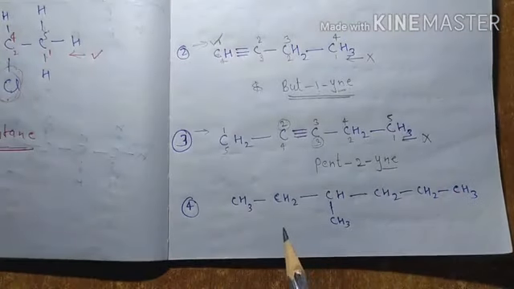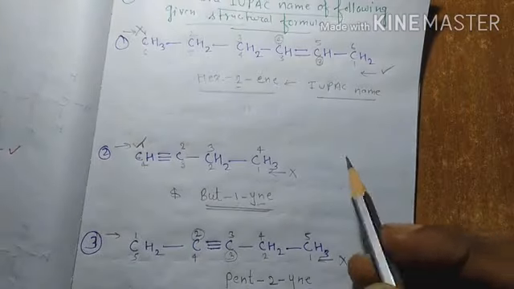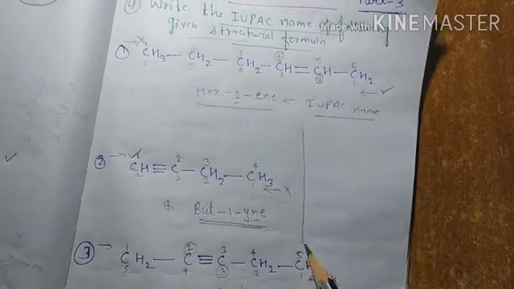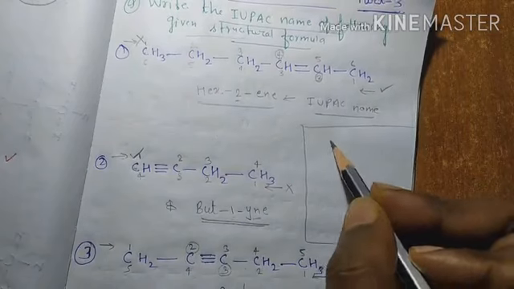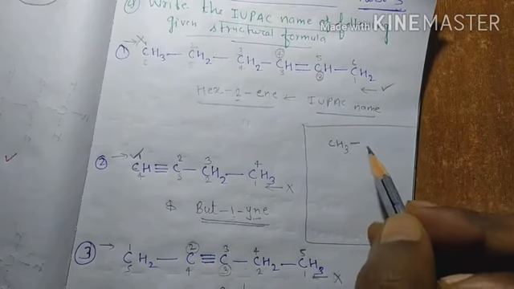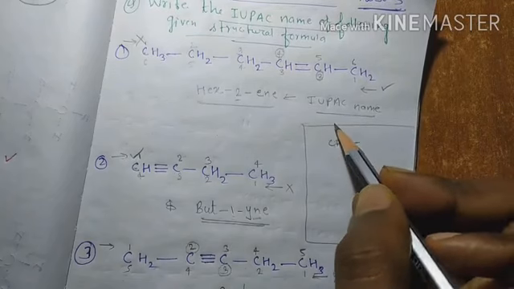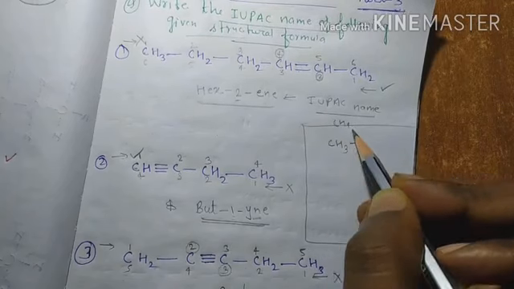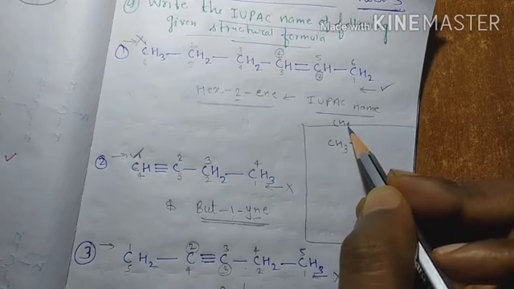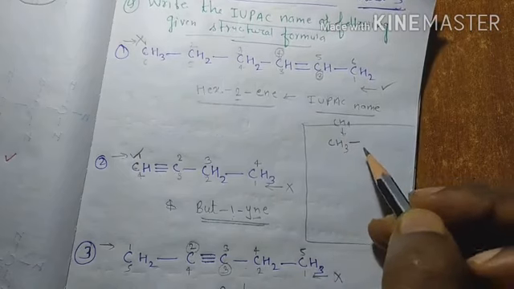Similarly, this one. So students, before writing the name of this structural formula, one thing: in the previous lecture I explained, if I write methane, CH4, and you remove one hydrogen atom from this methane, then it becomes CH3 with a single bond.